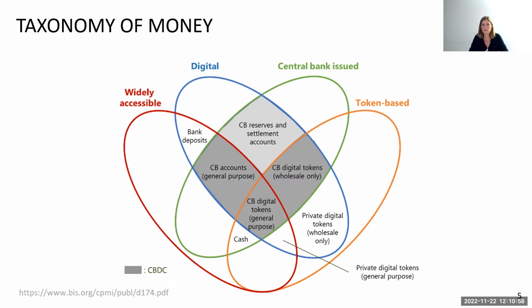So they are accessible to basically everyone, as cash is, for instance, as opposed to so-called wholesale CBDC. And Project Helvetia will be a project about wholesale CBDC, where just a small circle of participants has access to the CBDC, mainly commercial banks.